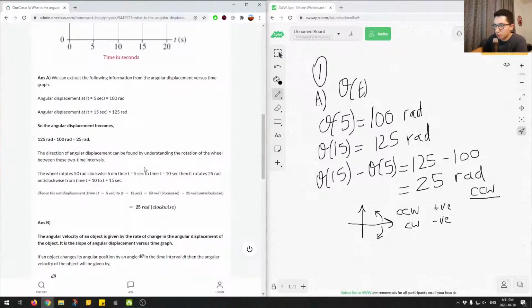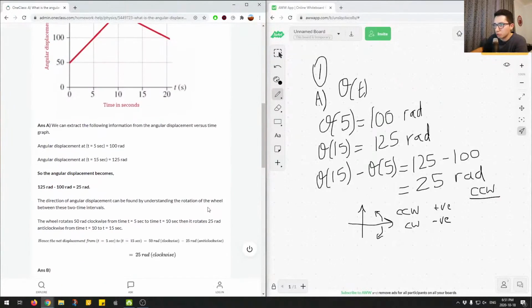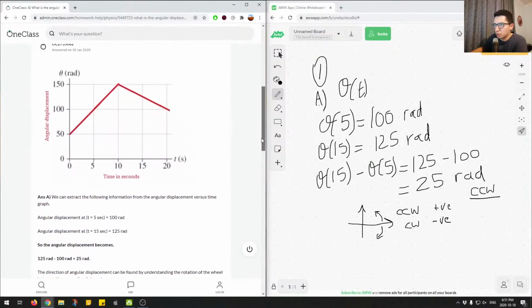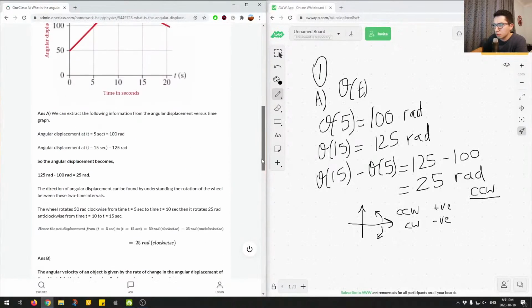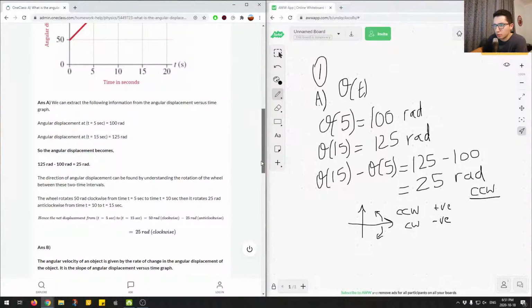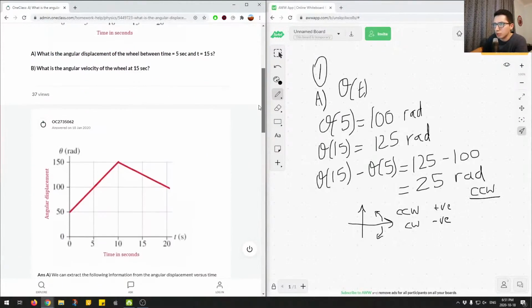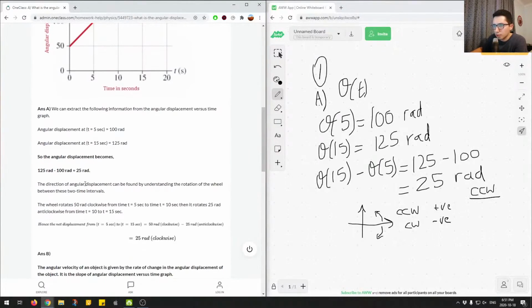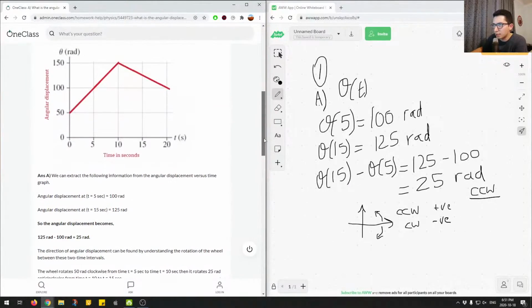Let's look over here. They have 50 radians clockwise and 25 anti-clockwise. Interesting. The net displacement at time equals 15. I'm trying to figure out what they did here. So they initially had this angular displacement, and I believe the question was asking for angular displacement, which is correct. The direction of the angular displacement can be found from the rotation of the wheel. The wheel rotates 50 radians clockwise from 0 to 5, to 10.